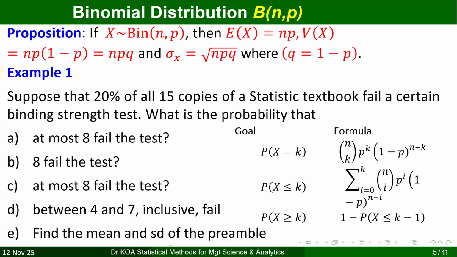N choose K, if you are expanding it, will be written as a combination, and that will bring in the factorial. Yeah, of course. That's what I'm saying, how will you write it? How does it look? It's going to be N combination K, which is the same as N factorial over K factorial times N minus K factorial. Very good.